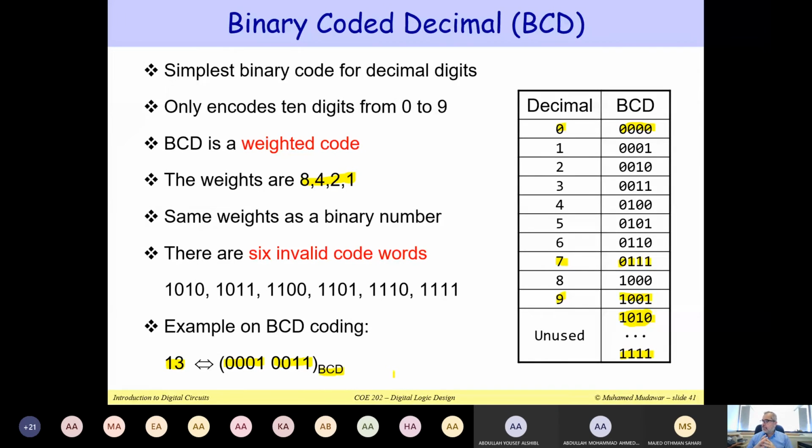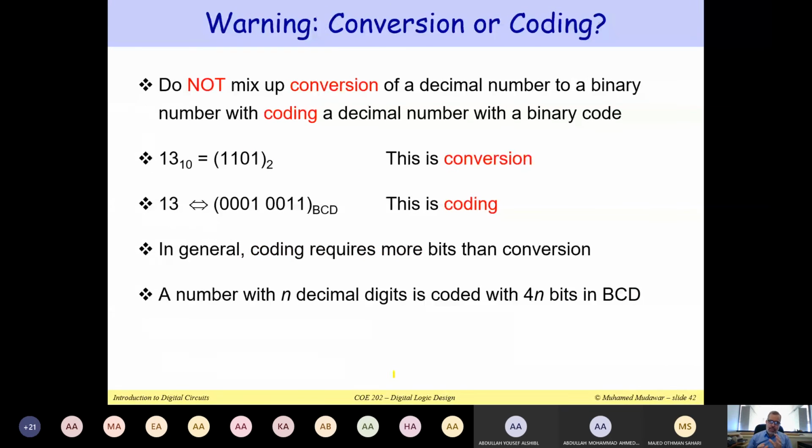Is this clear? This is the meaning of BCD. This is actually binary coded decimal. So we are using coding for the decimal digits. Now notice that this is different from conversion. Conversion, when we convert decimal to binary, is different from coding. For example, when I have 13 in decimal, we can convert it to binary as 1101.